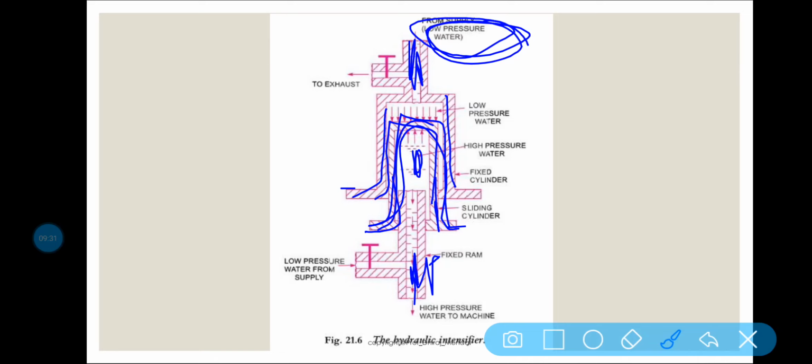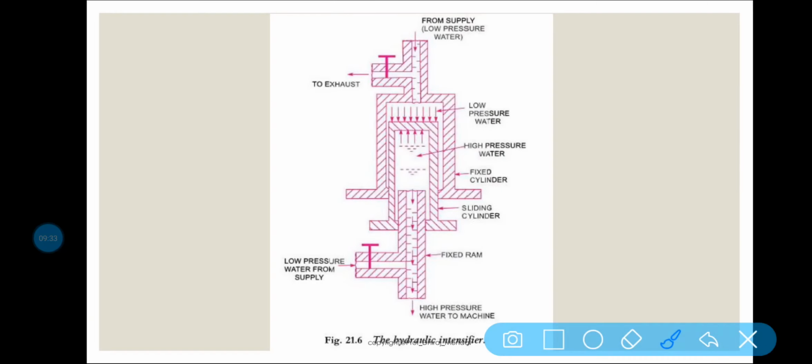Again I am telling you what happened here. From the supply, water is coming. Now it is the low pressure zone. Low pressure water is applied here. So this is your sliding cylinder, and this cylinder is moving downward.